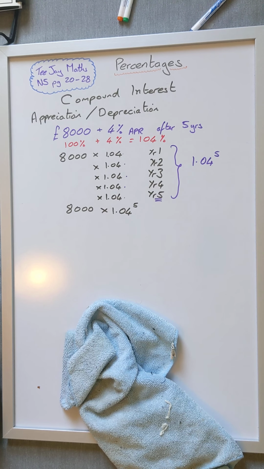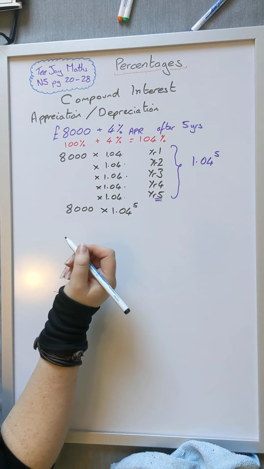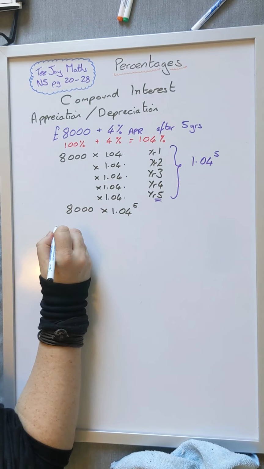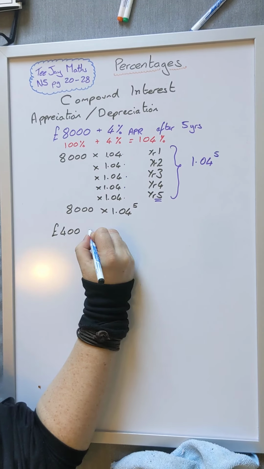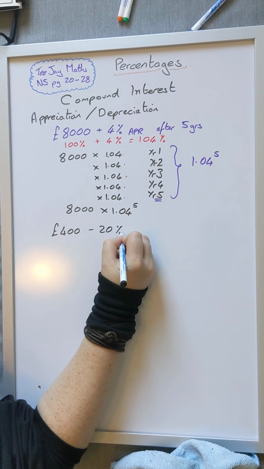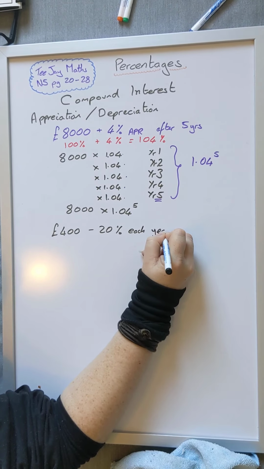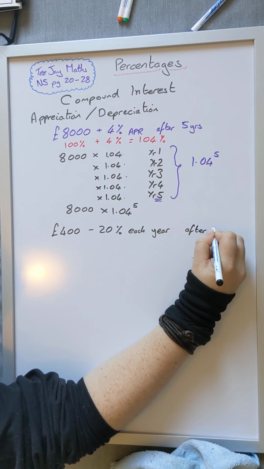Now we're going to look at it again, but this time we're going to look at what happens with a depreciation. So if we're told that we have a TV that's been bought for £400 and it's going to lose value of 20% each year, how much is it worth after 3 years?